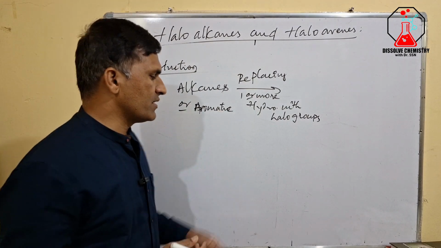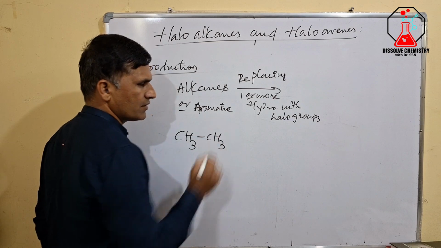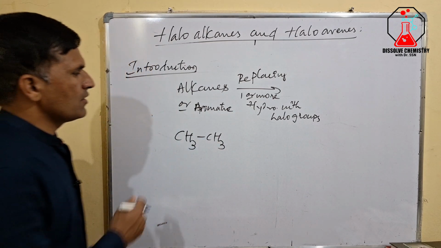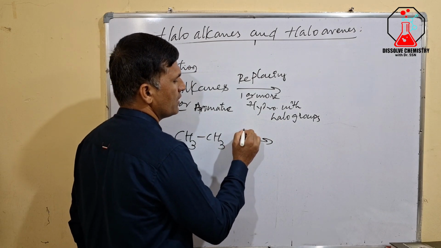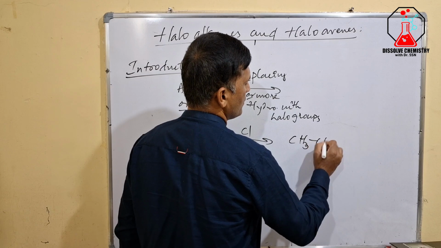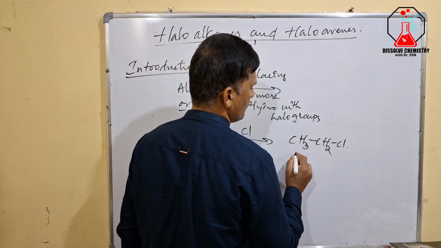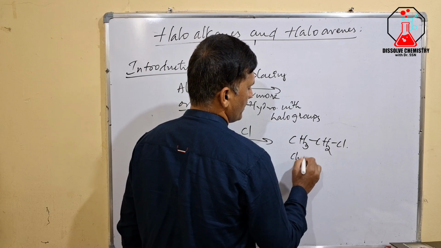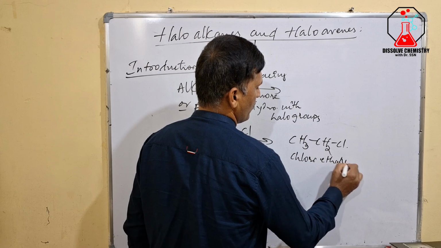For example, take ethane, an alkane. If I replace one hydrogen with a halo group like chlorine, the resulting compound, CH3CH2Cl, is called chloroethane. It is an example of a haloalkane.